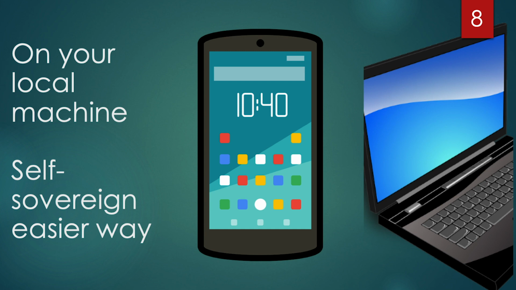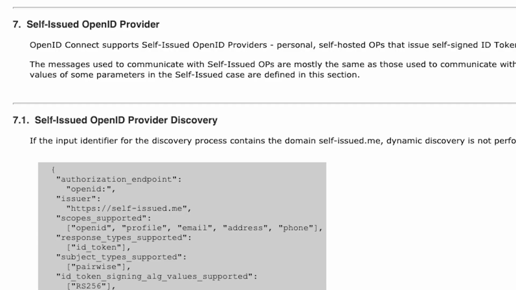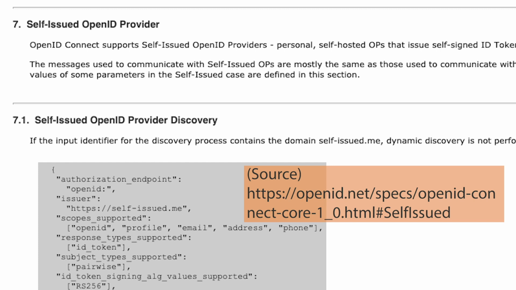So in OpenID Connect, we have something called Self-Issued OpenID Provider. It's in chapter 7 of the OpenID Connect specification, and you can read it. With that kind of small change, you can deploy your IDP on your phone or on your local machine.